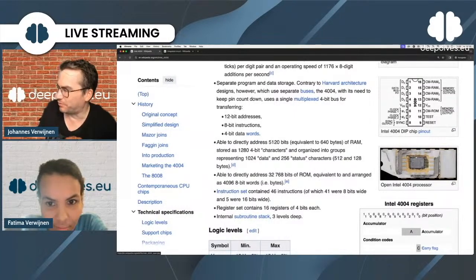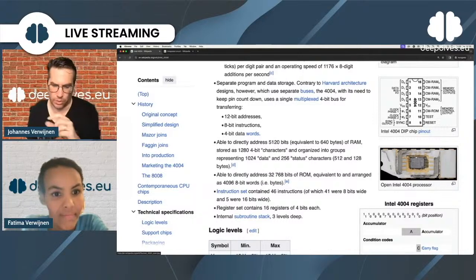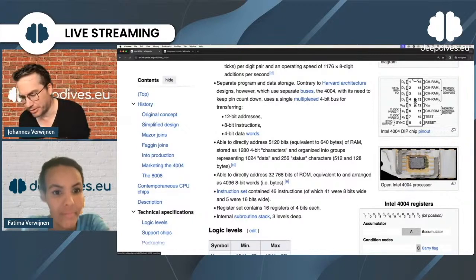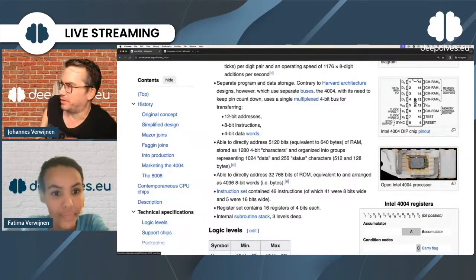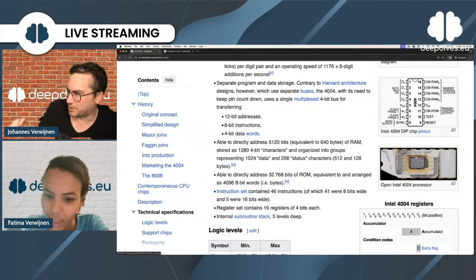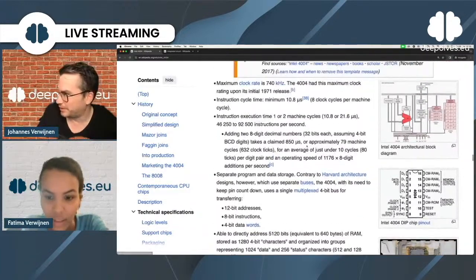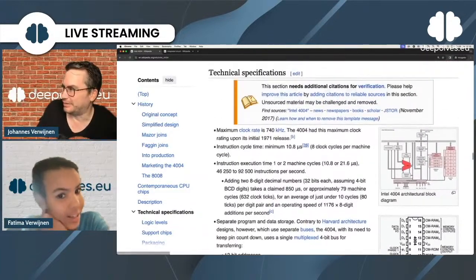And this is roughly a quarter of a 1 euro cent coin. So like you said, very, very small, under 1 centimeter by 1 centimeter. And this is ridiculous for our purposes now, right? It's a 4-bit chip. Right. And 740 kilohertz.